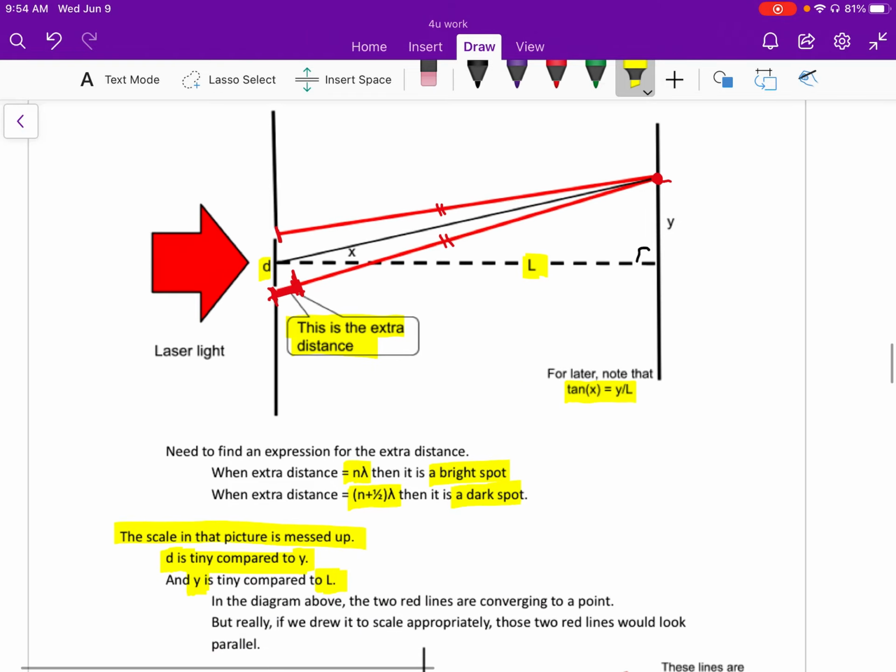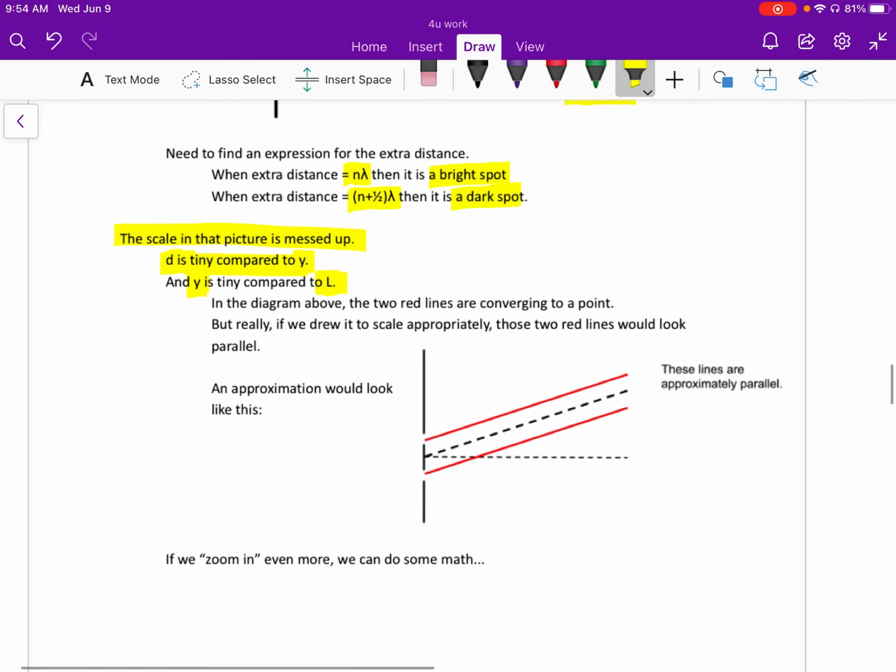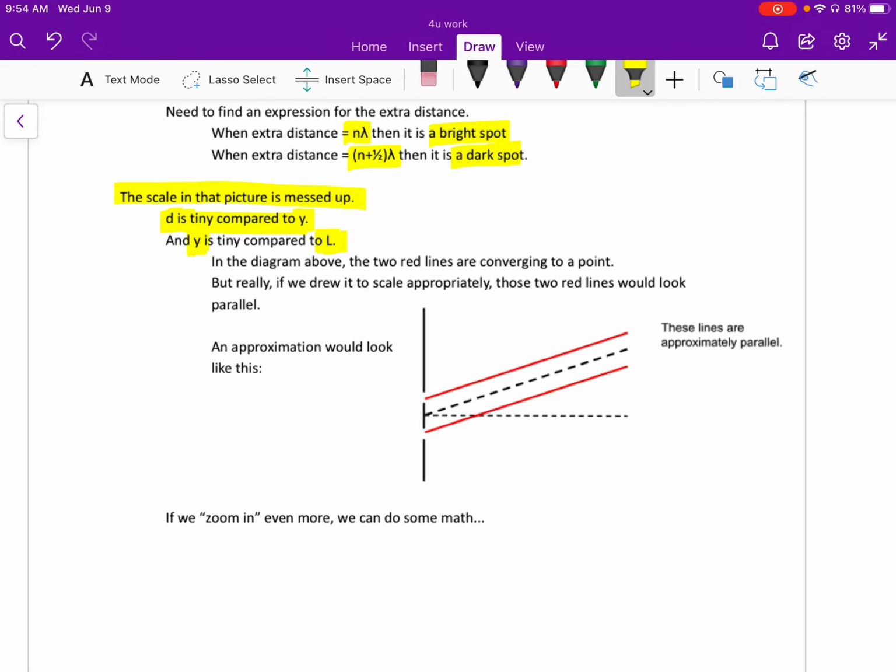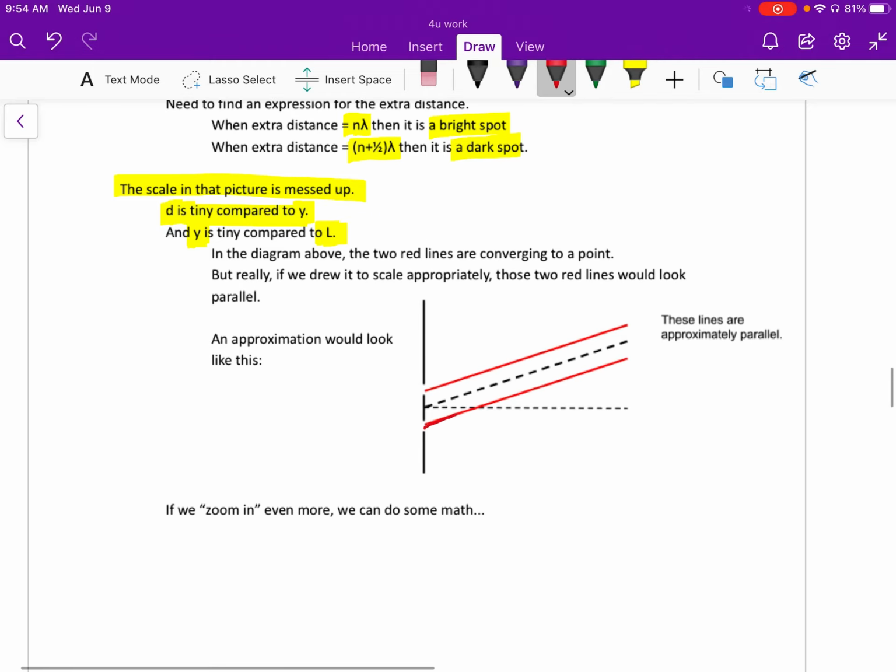If I could draw it to scale and do a better job of drawing it, it would look more like this. The line from the bottom slit should be on a slightly different angle than the line from the top slit, but the scale is so out of whack that we can assume that these lines are parallel.